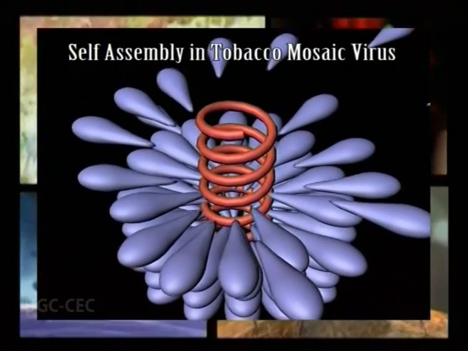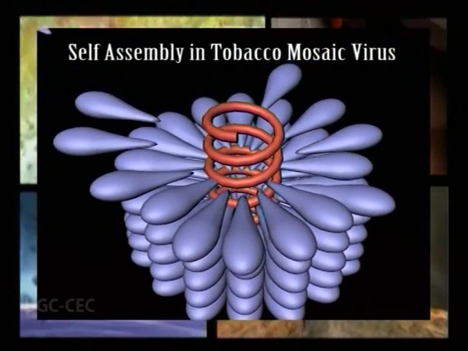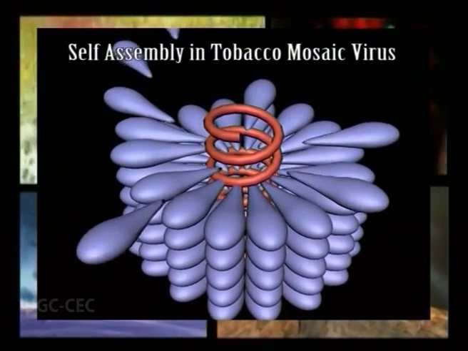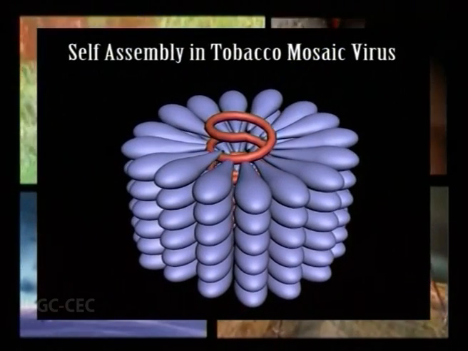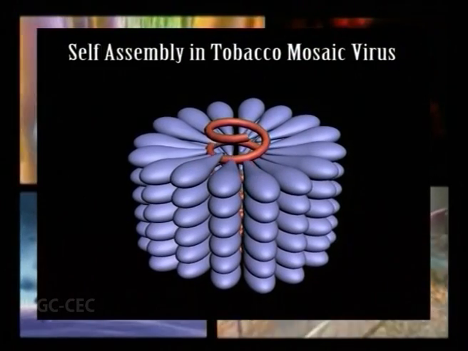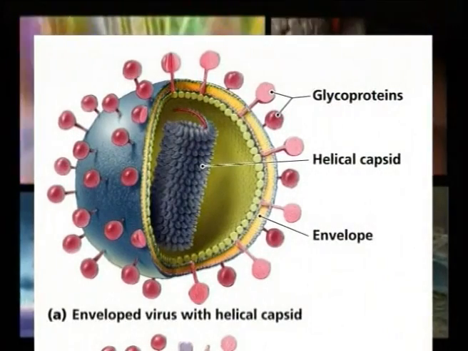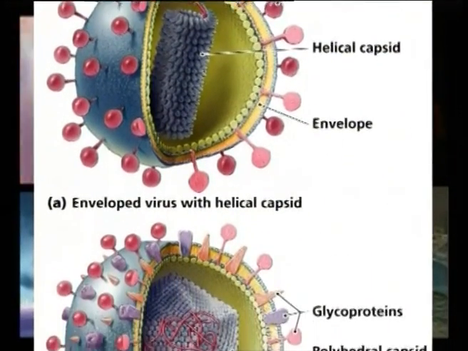The association of protomers continues till the whole of the RNA gets inserted in the capsid. The arrangement of capsomeres in association with the nucleic acid gives a definite symmetry to the virus particle. It may be helical or polyhedral, and sometimes both.